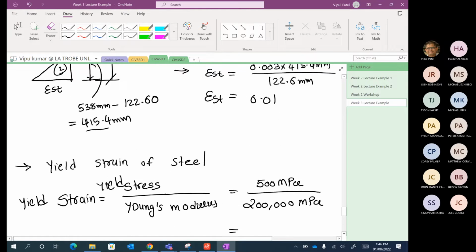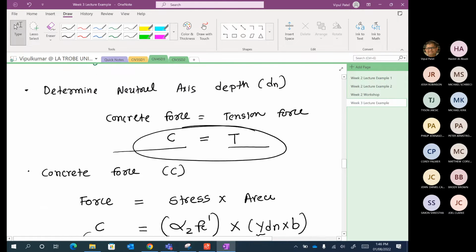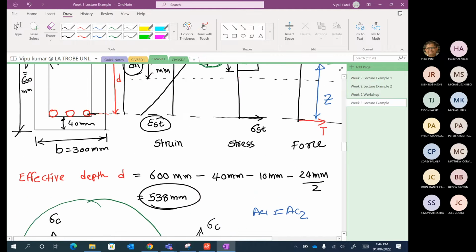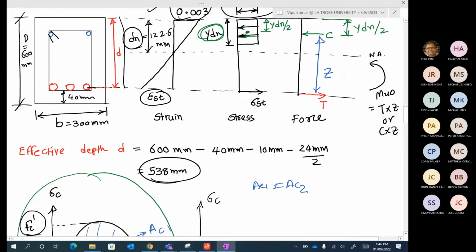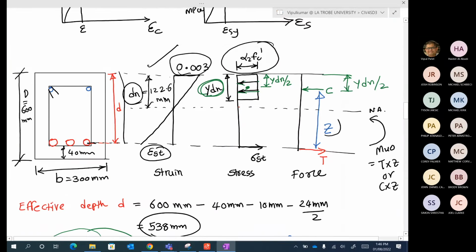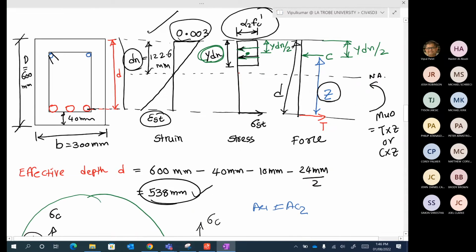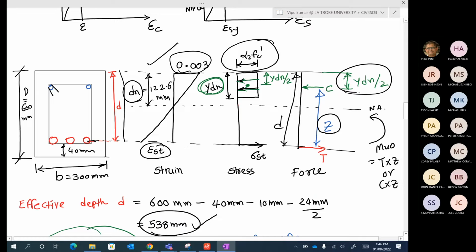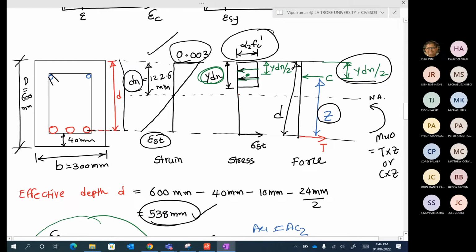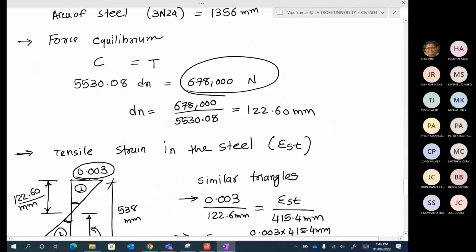Now the lever arm z. If you want to calculate the lever arm z, you take the total d, and we know this d is 538, take away gamma dn divided by 2, and that will give you z, the lever arm.